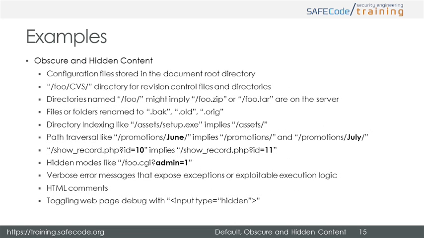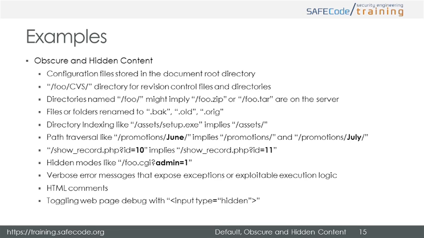Examples of obscure and hidden content include things like configuration files, obfuscating directories with foo, or obfuscating revision control files and folders, renaming previous versions of files, or adding extensions, .back, .old, or .orig, displaying paths, file names, and indexed parameters that can be iterated or guessed, such as a PHP script with an ID parameter, displaying paths and file names that can be traversed to expose additional content, like a system folder named promotions/June.